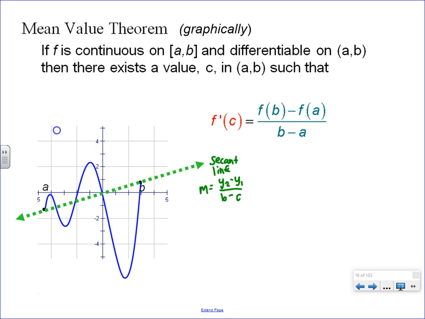Oh, that's A. Wait a minute. How do you find Y's if you know the X's? Oh. So this whole F of B minus F of A all over B minus A is really just Y2 minus Y1 over X2 minus X1. It's the slope of the secant line. That's all he is. He's just a slope crashing through the graph.